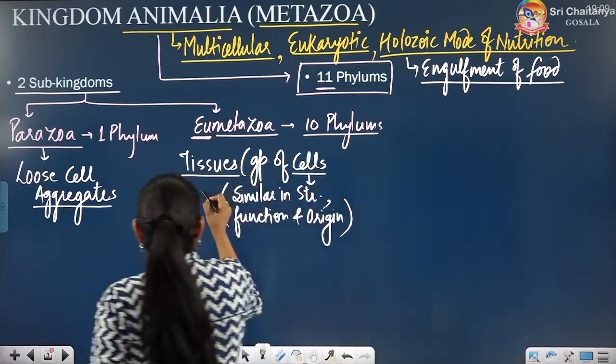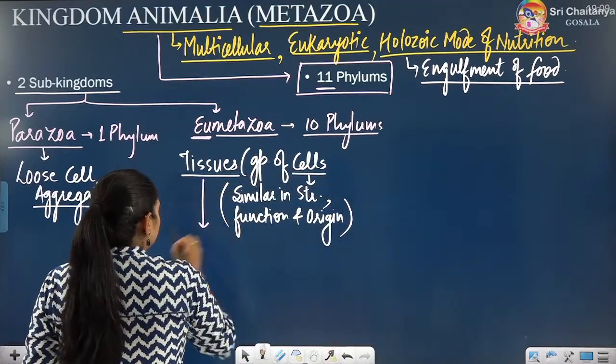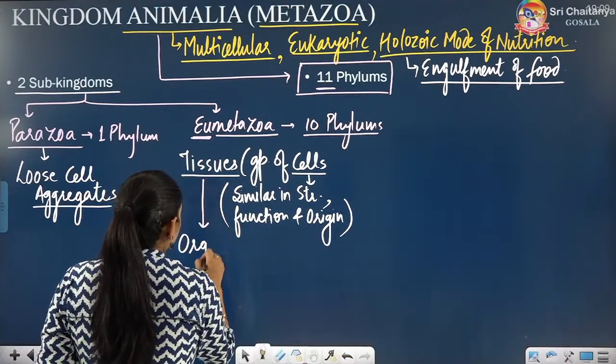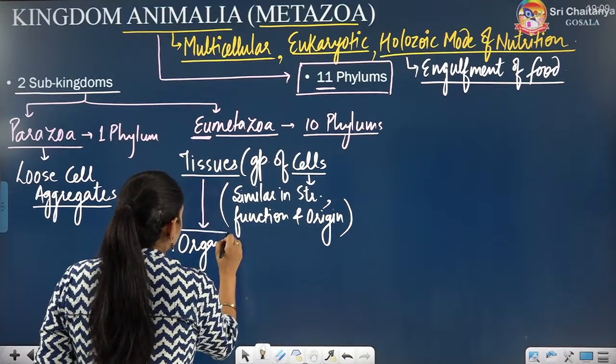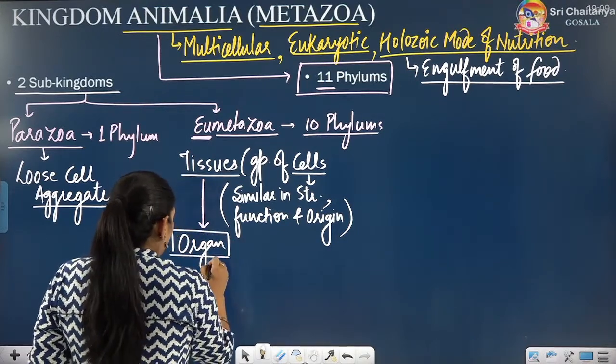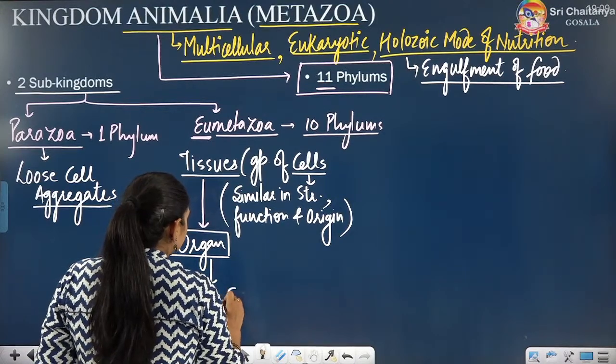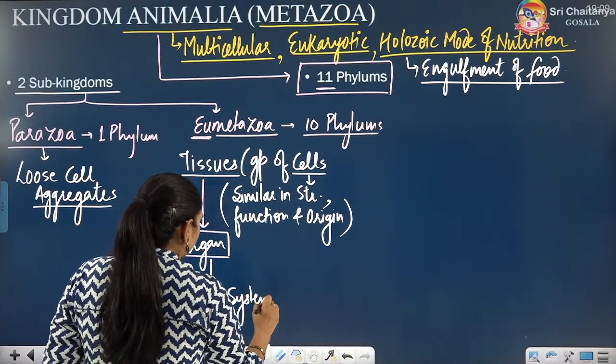Alright, then from the tissues, they can form the organs, everyone. So in some animals you will find organs. Then after organs you will also find in some phylums organ systems.